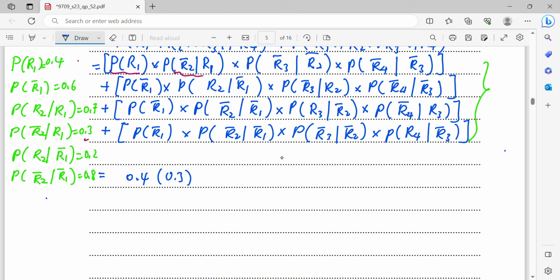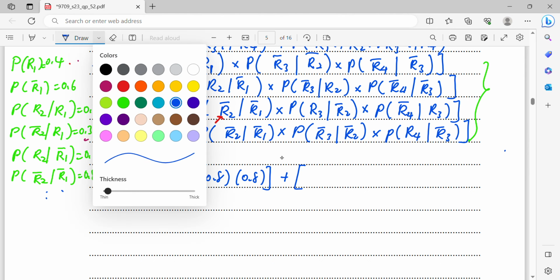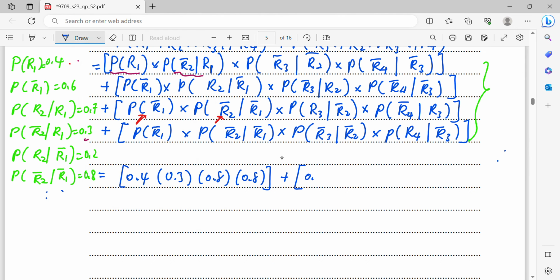Okay, both day not rain will be 0.8. And then both day not rain will be 0.8. So this will be the probability for first case. Or second case, which is here now. First day not rain, it will be 0.6.